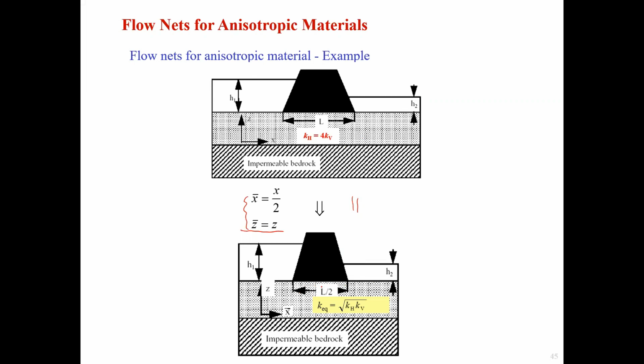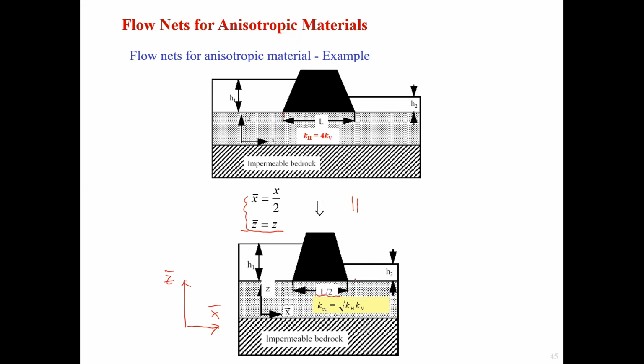So what has changed? Z is the vertical direction, and in this coordinate that will be z bar. So only the horizontal coordinate changed. It's all reduced by half. You see the length of the dam, that's L, has now been reduced to half the length.